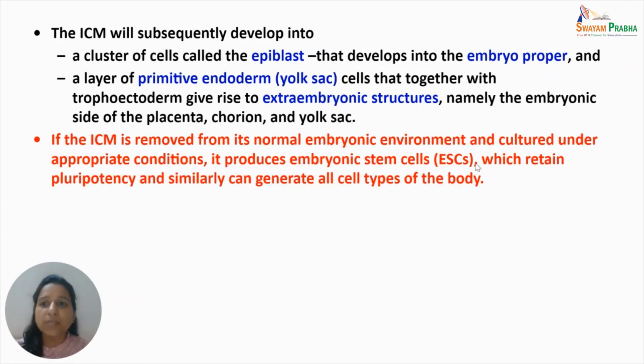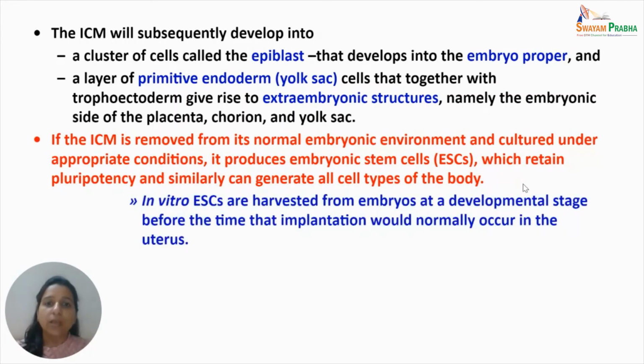Now, these embryonic stem cells are able to retain their pluripotency, and they can generate all cell types of the body as if they are supposed to form the complete embryonic development of the embryo. And in vitro, these embryonic stem cells are harvested from embryos at a developmental stage before the time that implantation would normally occur in the uterus.